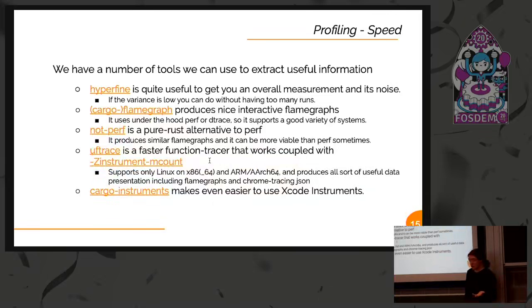Second, you want to see stuff. The analysis is important, but it's important also to get the information in a way that you can grok it immediately. So my first suggestion is to use cargo flame graph that under the hood is using perf and dtrace. So all the systems are covered, more or less. But instead of giving you data that has to be processed some way, it does the work for you.